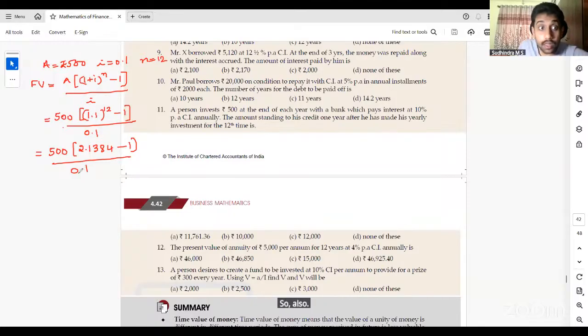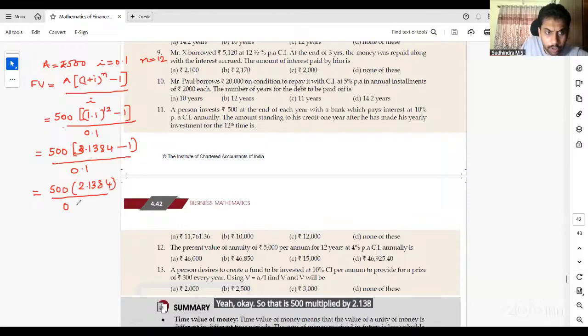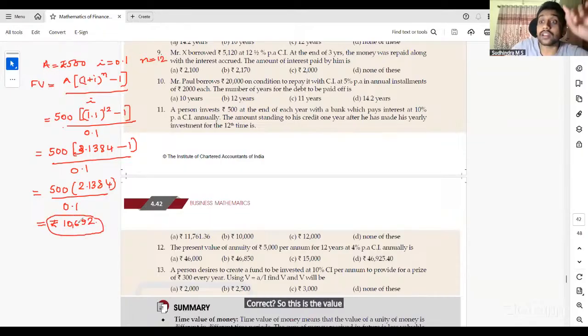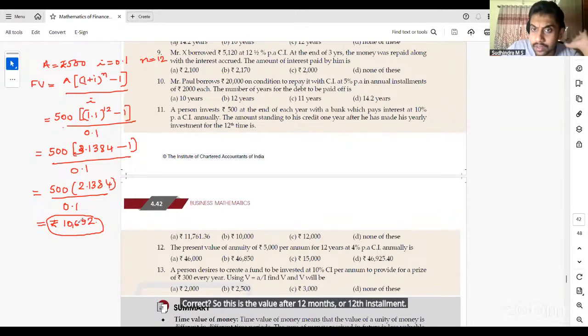After deducting 1, it is 2.1384. So that is 500 multiplied by 2.1384 divided by 0.1. This should be 10,692. So this is the value after 12 months, or the 12th installment.